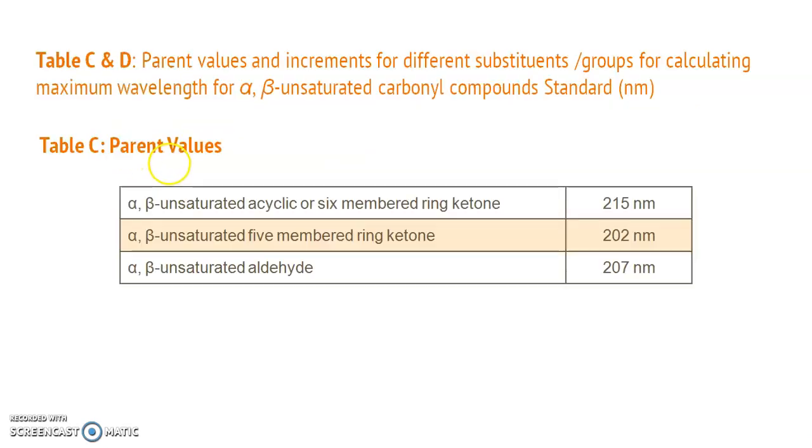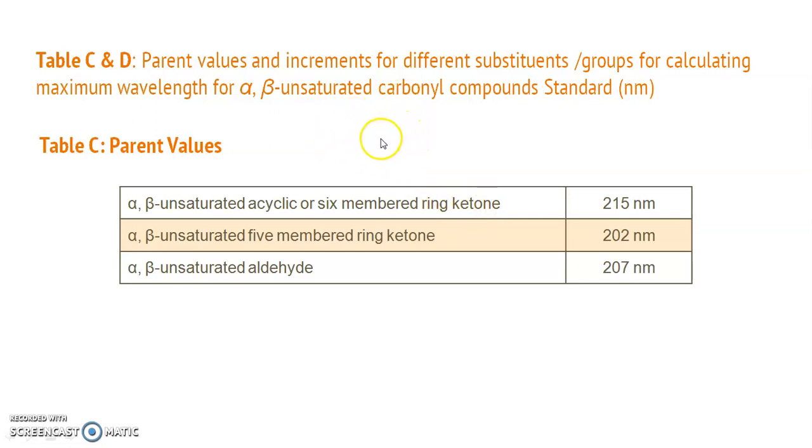These are the two tables which represent the parent values, and the next table in the next slide will show you the increments for the substituents. I'll just go through this table. Alpha beta unsaturated acyclic or 6-membered ring ketone. Why ketone? Because it is an alpha beta unsaturated carbonyl compound, so we are supposed to have a carbonyl molecule.